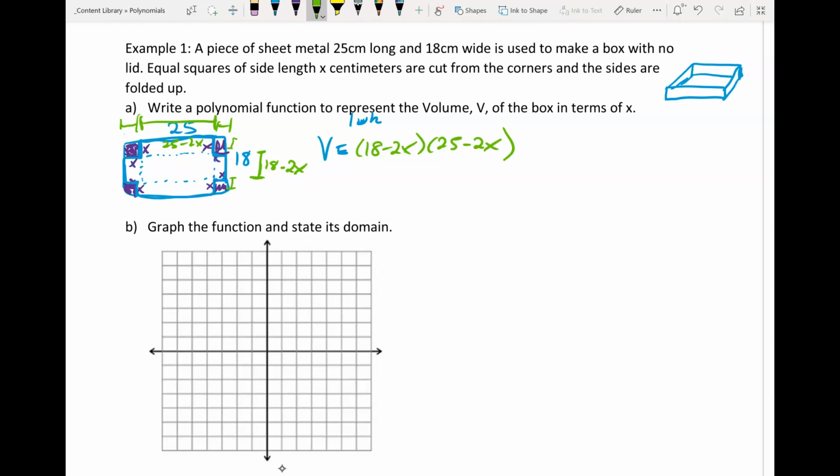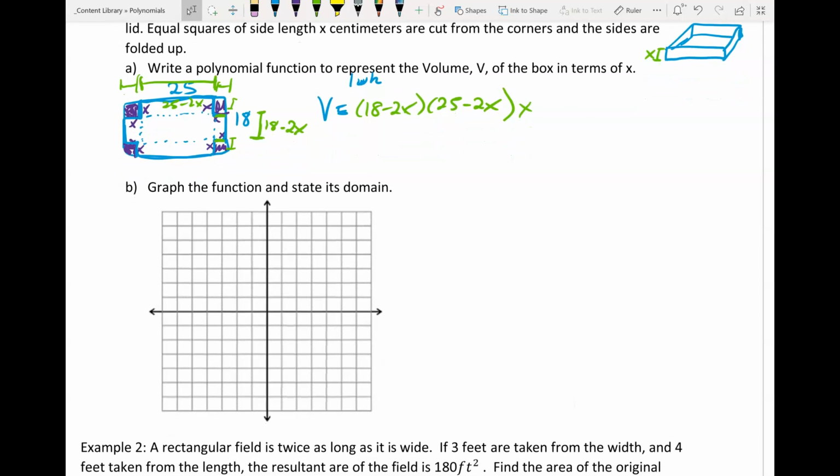You can call this width, you can call this length, it doesn't really matter. And then our height, so if we were to fold this up, this would be our height in here. So that's x. So again, our x would be the height of our box, which can be found by our square cutout. This is the function for the volume.